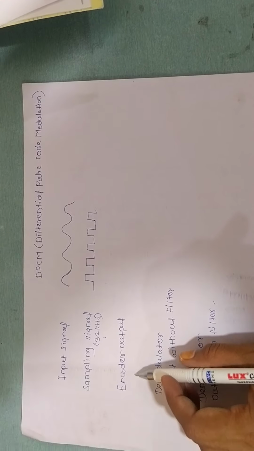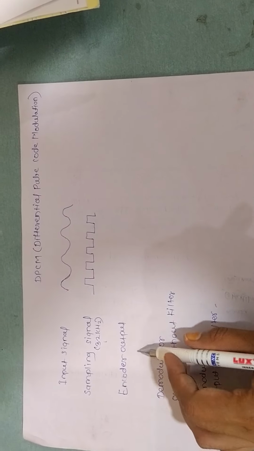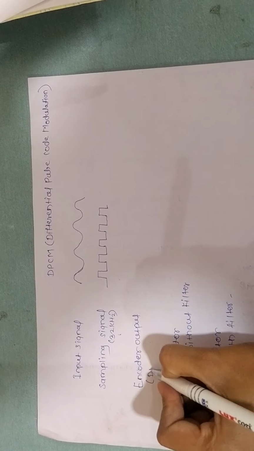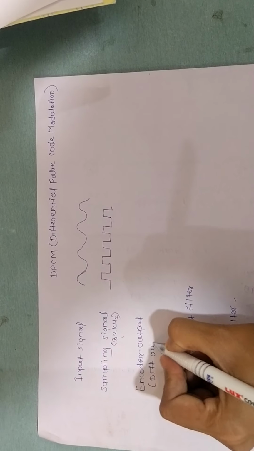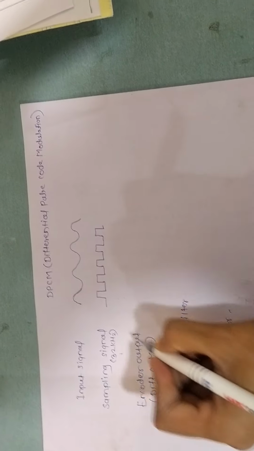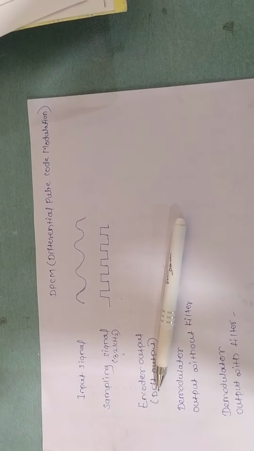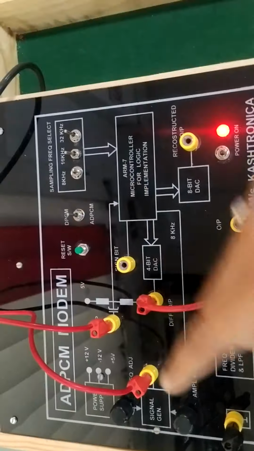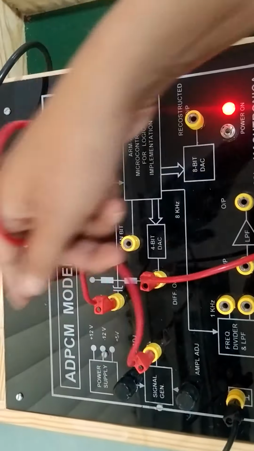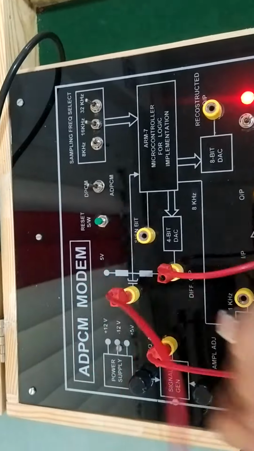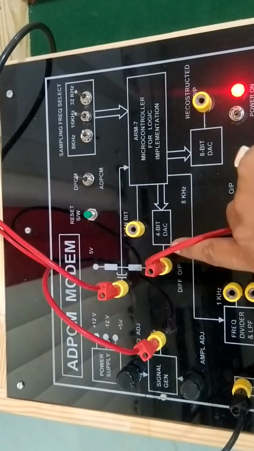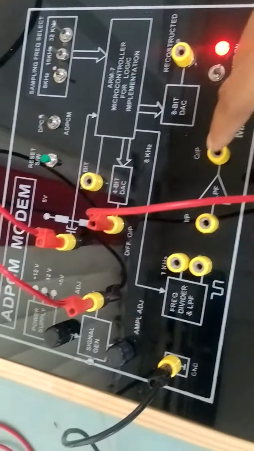After that we can observe the encoder output, which is nothing but the differential output. Now we will see the differential output. Now the input signal is applied to this input terminal, and we can observe the differential output.